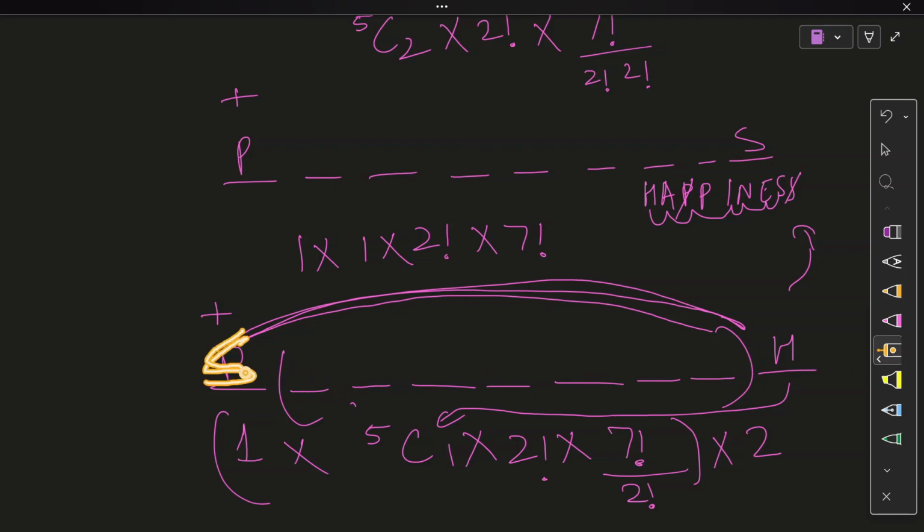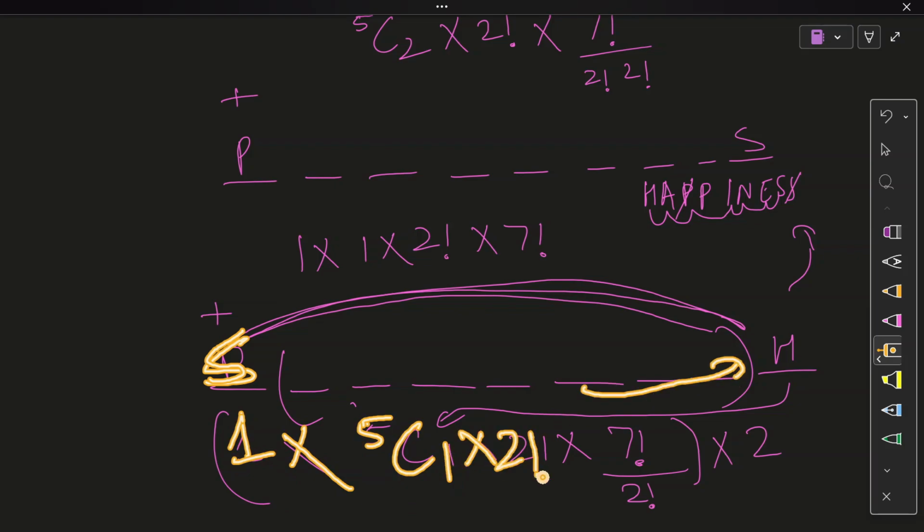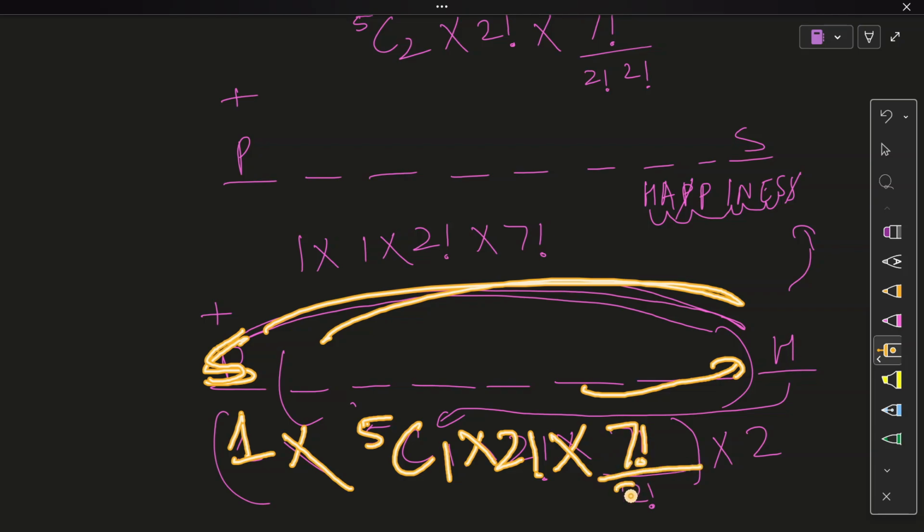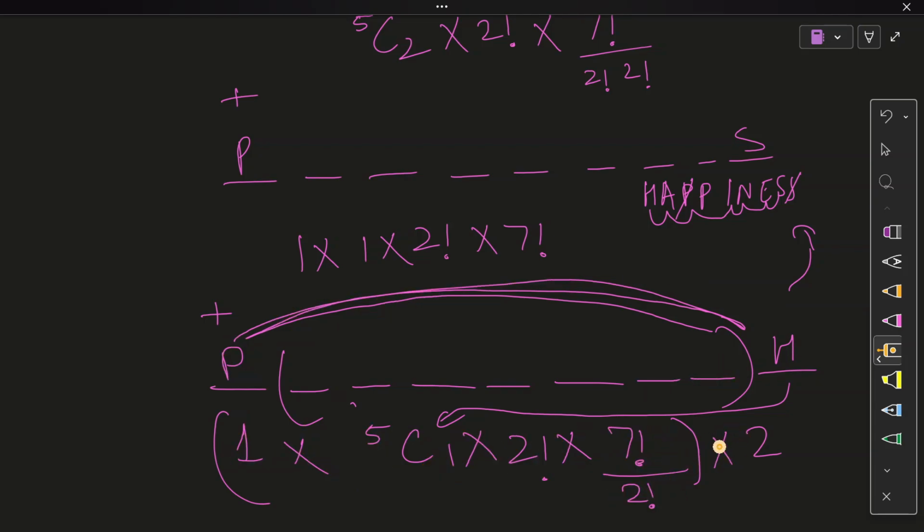If an S takes this place, I'll go for fixing the S. Think about any of the non-repeating letters taking that place, into 2 factorial for them moving about their own positions, and then 7 factorial for in between, and the 2 P's repeating, divide that, and it's the same arrangement, right? But only the context is that P is in this place, and the context changes when an S is in this place. So if the arrangement is the same, I can just multiply it back.